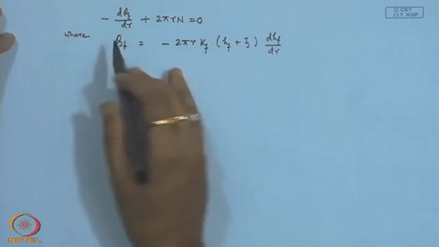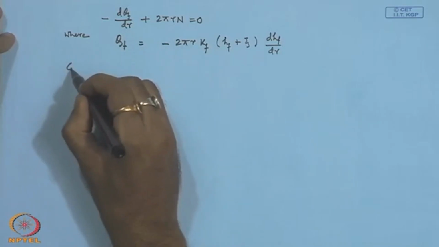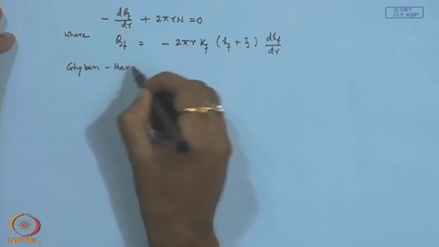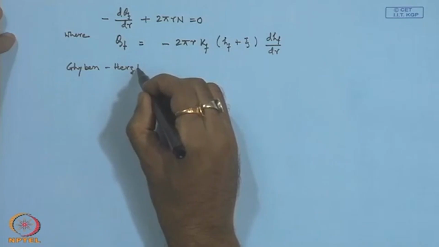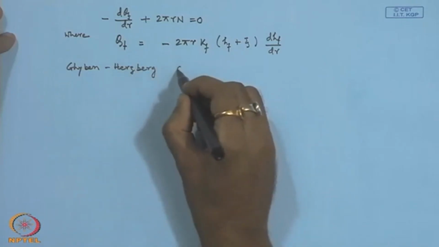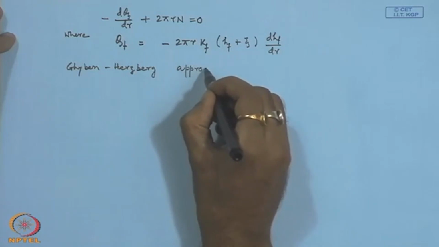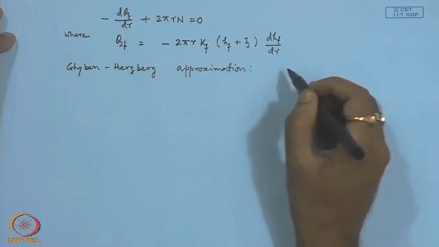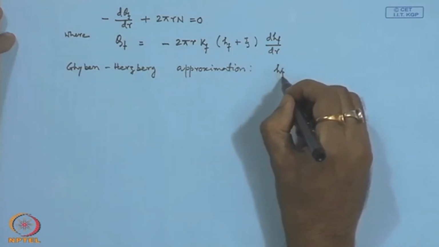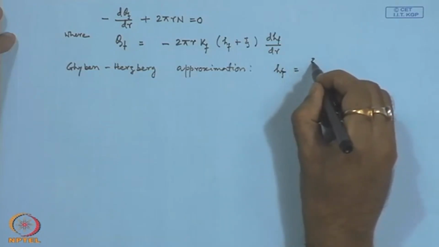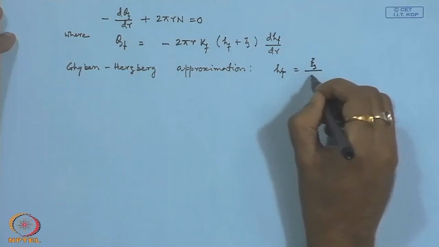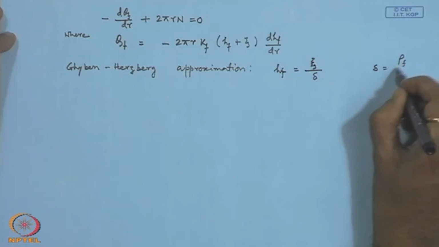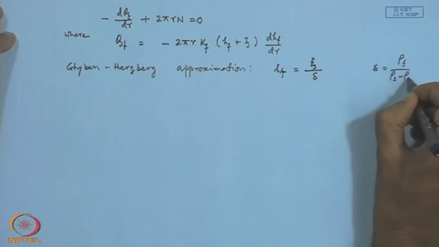So, in this case also we will utilize our Ghyben-Herzberg approximation. So, with Ghyben-Herzberg approximation, we have Hf equals to xi by delta, and delta is our rho f by rho s minus rho f.